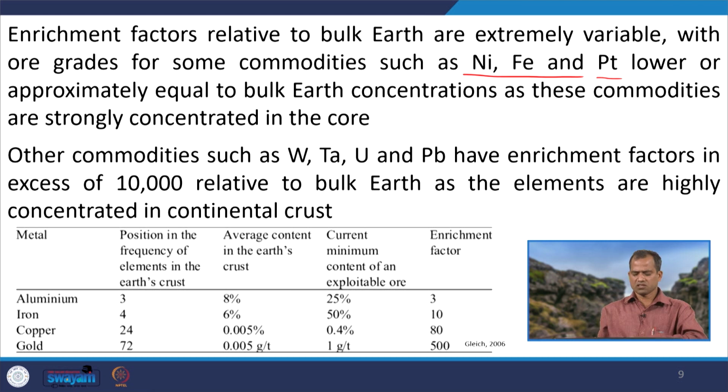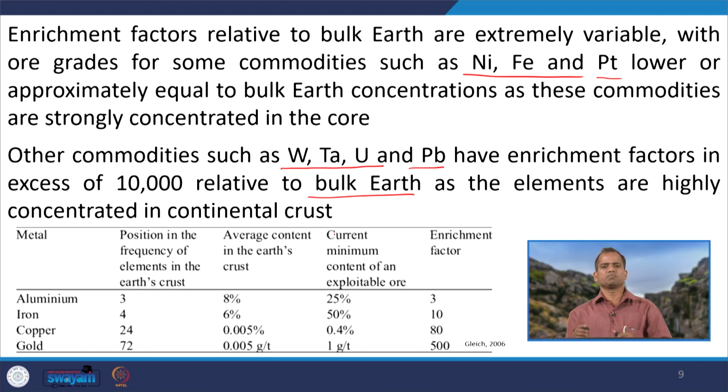Some commodities such as tungsten, tantalum, uranium and Pb have an enrichment factor in excess of 10,000 relative to the bulk earth, as these elements are highly concentrated in the continental crust. So, depending upon the mineral, the concentration changes, and depending upon our requirement.